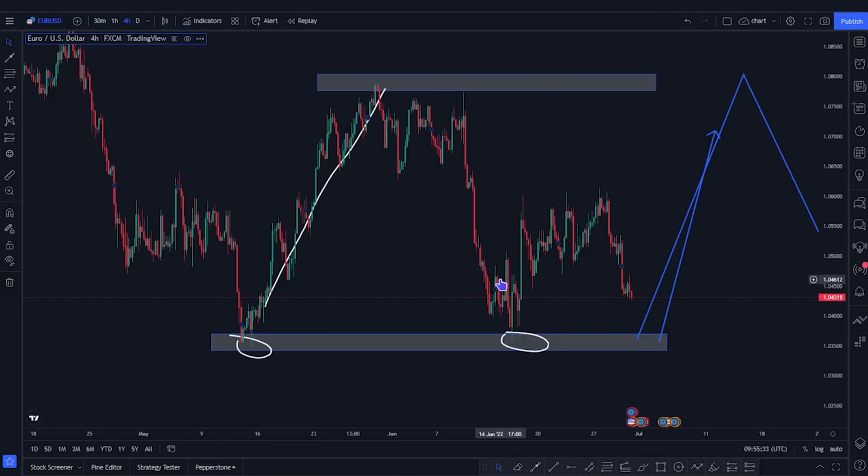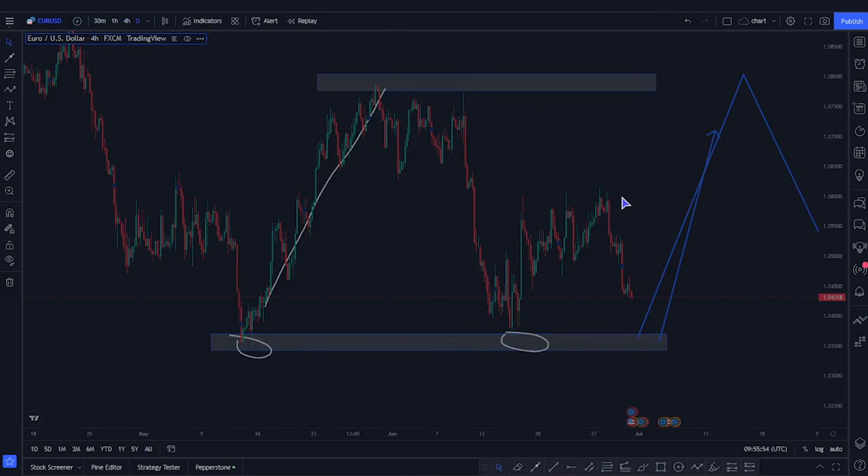If you are using 3 time frames, make sure that you firstly confirm with your highest time frame before you make a decision. That's why I always encourage traders to make sure that your analysis starts at the highest time frame, because if it starts at the highest time frame, you won't be making decisions that will later confuse you. So what am I talking about? Let us just pop the daily time frame here and see what I'm talking about.